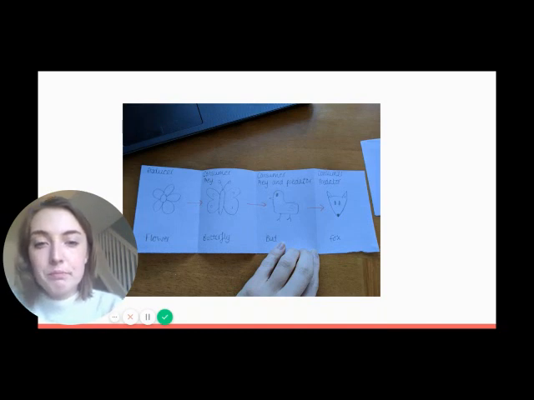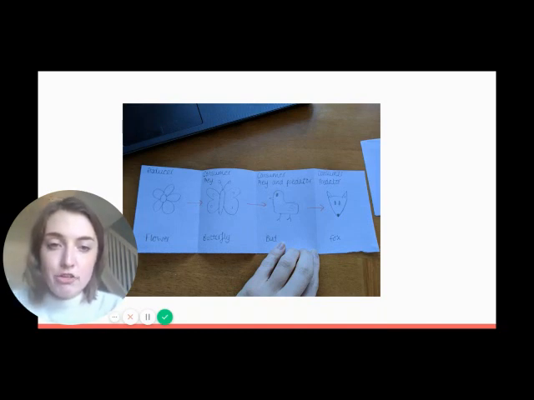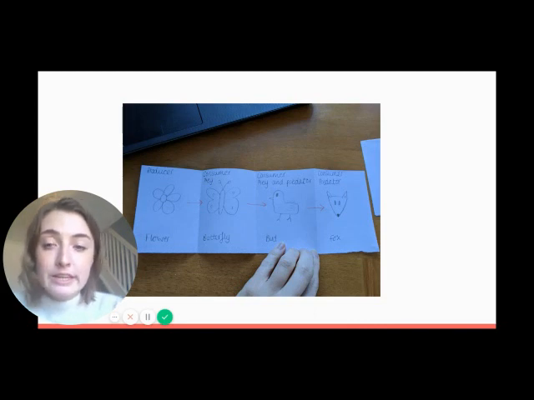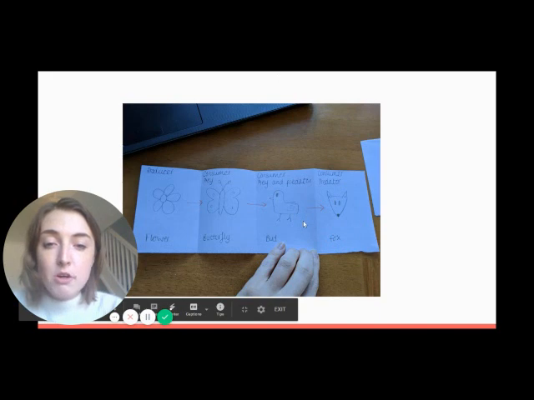Now I need to look for my predators. So remember, a predator is an animal that eats another animal. So it's not just a consumer, it's also eating animals. So start with the fox. I know the fox is a predator because it's eating the bird. But the bird is also eating the butterfly, so that makes it a predator too.